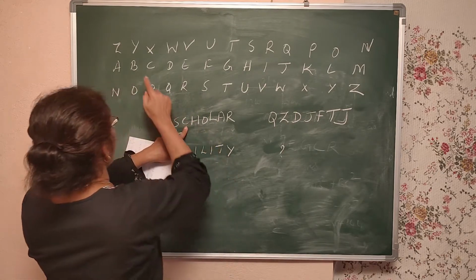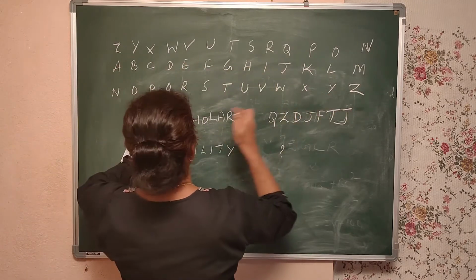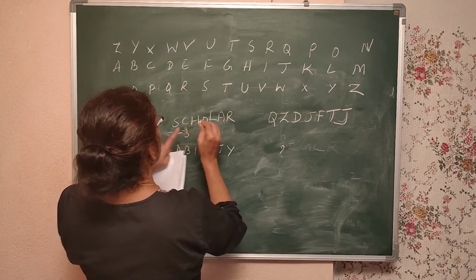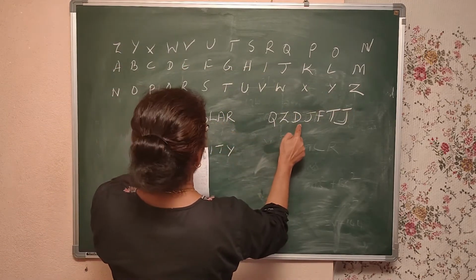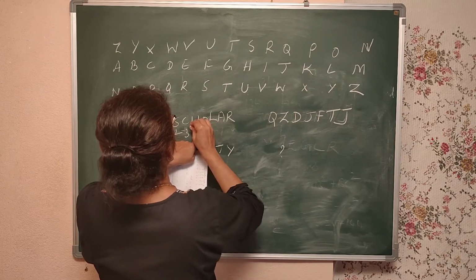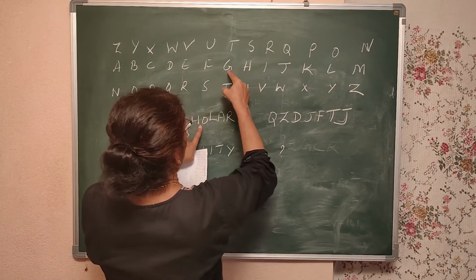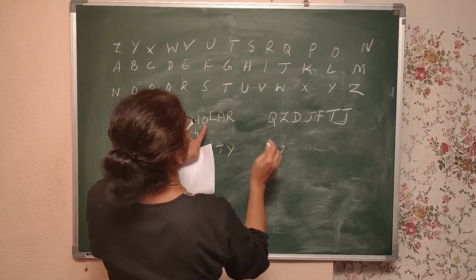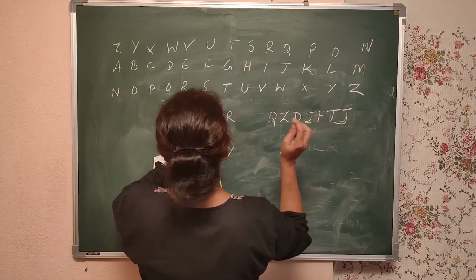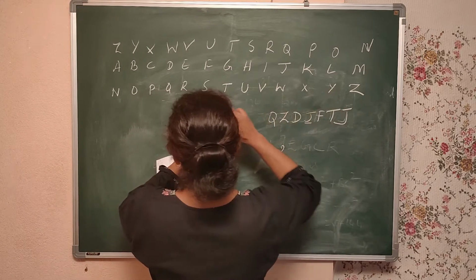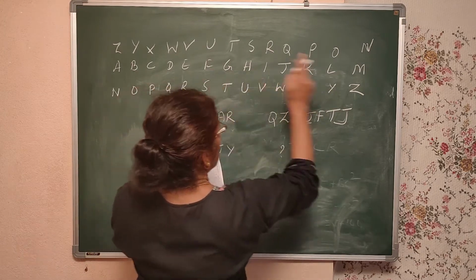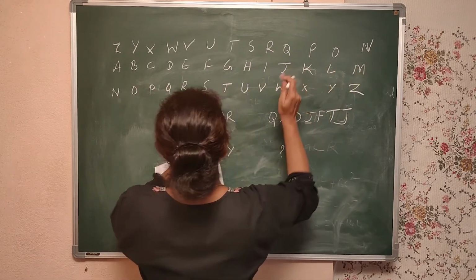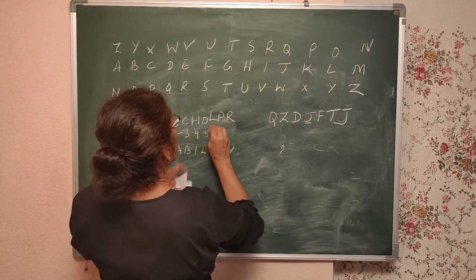C, Z: 1, 2, 3, so minus 3. H, D: where is H? 1, 2, 3, 4, minus 4. O is coded as J: where is O? 1, 2, 3, 4, 5, minus 5.